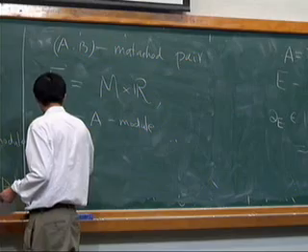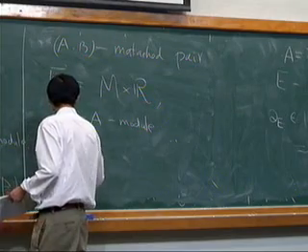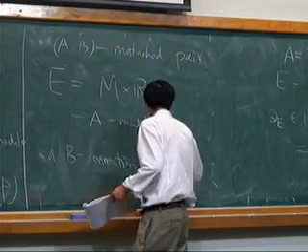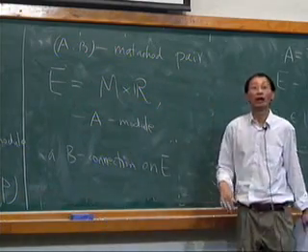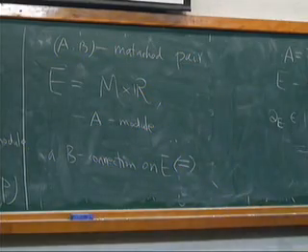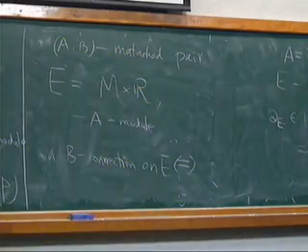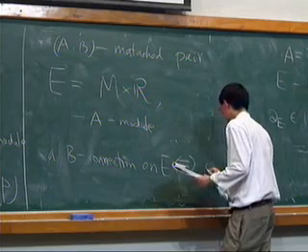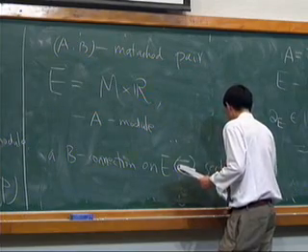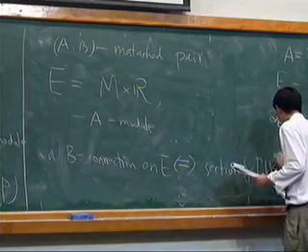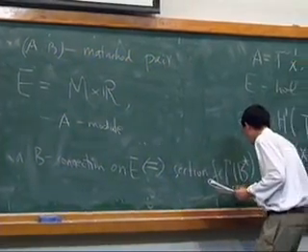What is a B connection on E? It's just a section of the dual bundle of B star, which is a section of Q A.